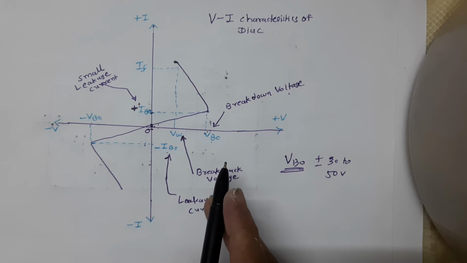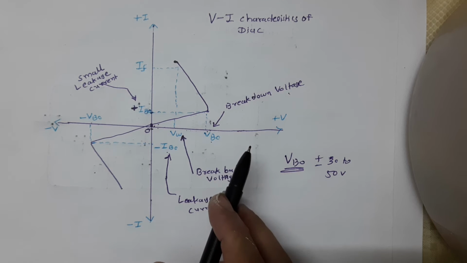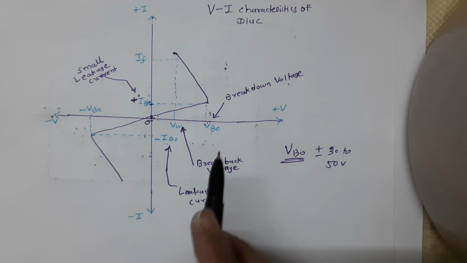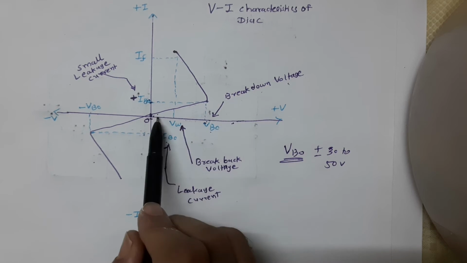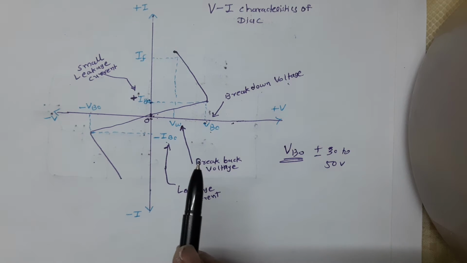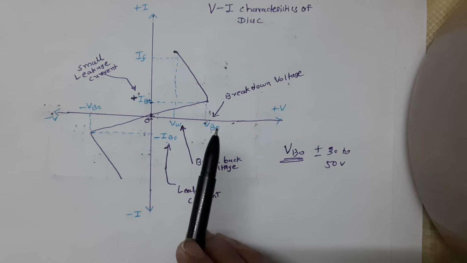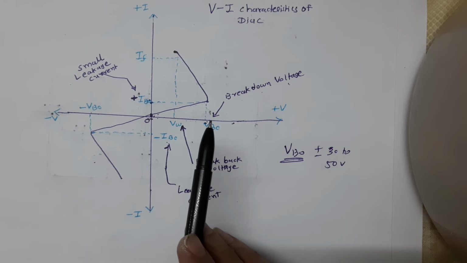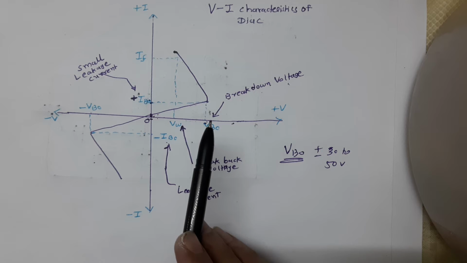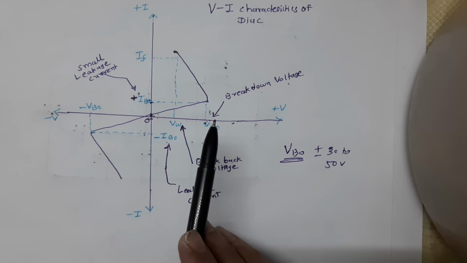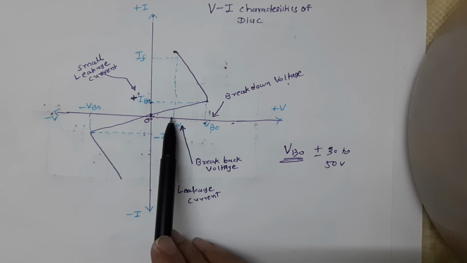When the positive or negative applied voltage is equal to or greater than the breakdown voltage, the diode begins to conduct and the voltage drop across it becomes a few volt. That means the voltage decreases by a few volt and the current increases.